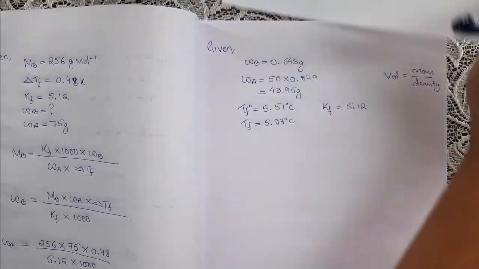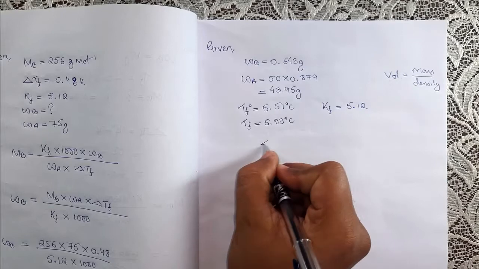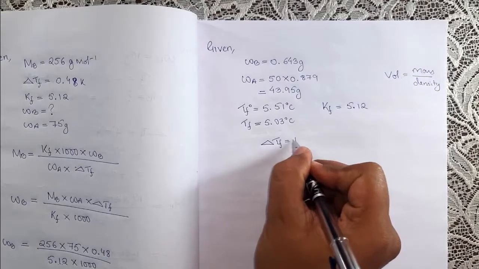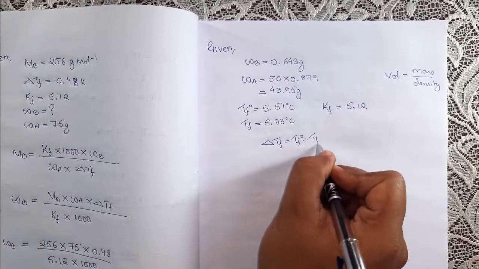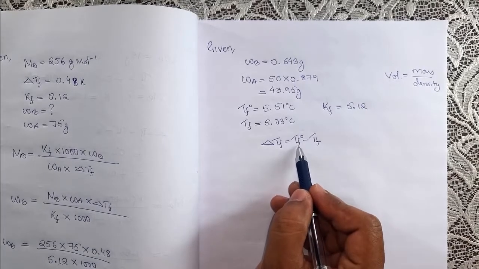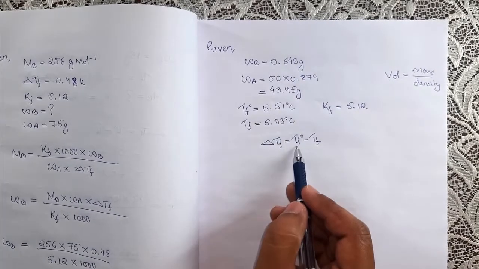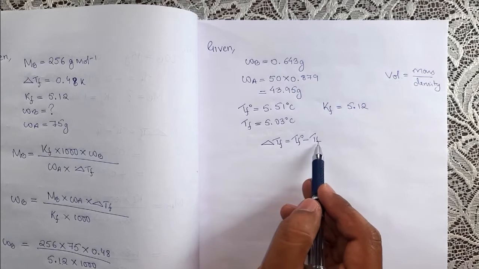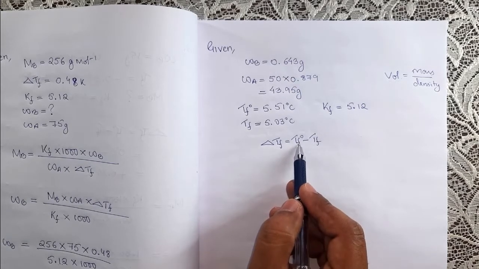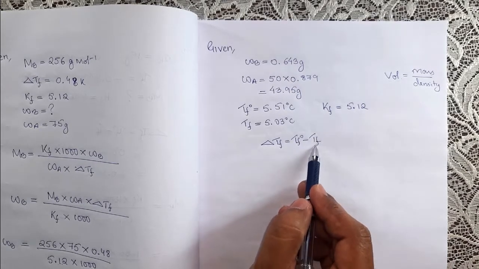So here we have ΔTF is equal to TF naught minus TF. Why did I take this number as TF naught? Because we subtract the smaller number from the bigger number. So this shall be bigger, this shall be smaller.